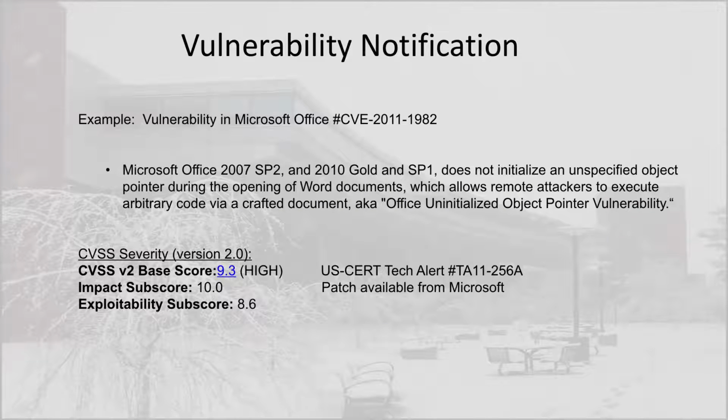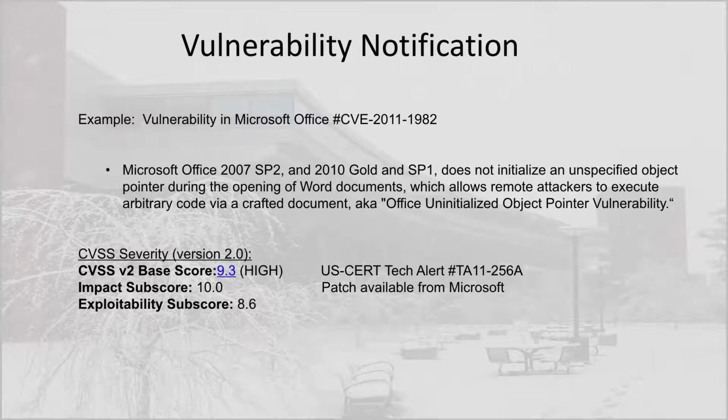Let's take an example. Vulnerability in Microsoft Office with the code number CVE-2011-1982. Certain versions of Microsoft Office do not initialize an unspecified object pointer during the opening of Word documents. This allows a remote attacker to execute arbitrary code via a specially crafted document.